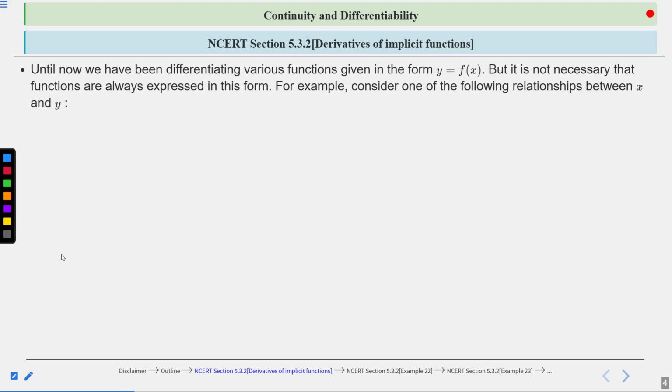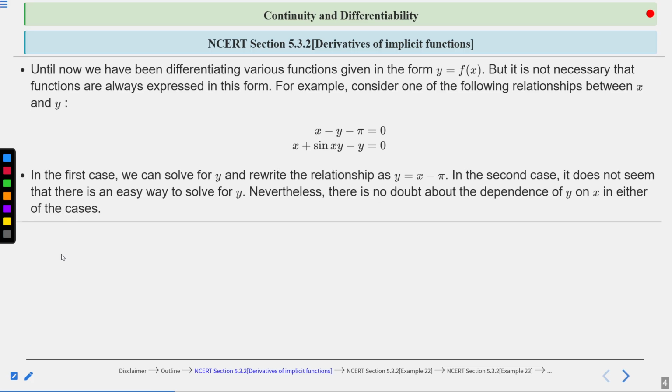So let us start with NCERT section 5.3.2, derivatives of implicit functions. Until now, we have been differentiating various functions given in the form y is equal to f(x). But it is not necessary that functions are always expressed in this form. For example, consider one of the following relationships between x and y: x minus y minus pi equal to 0 and x plus sine xy minus y equal to 0.